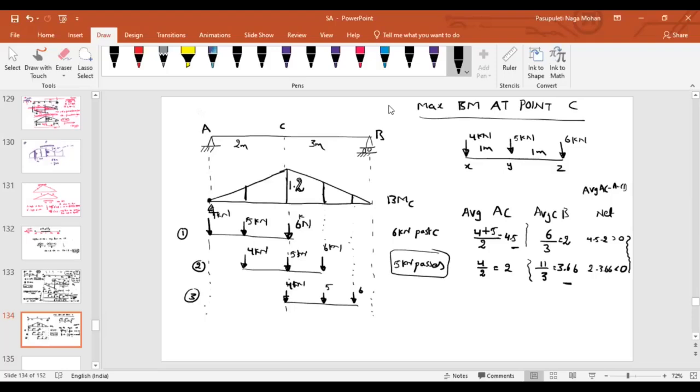But let's see and find out for all these three cases. Before that, let us find out this ordinate. What is the ordinate here? 1 meter, 1 meter. Can you tell me what is the ordinate here? 0.5? Are you sure?